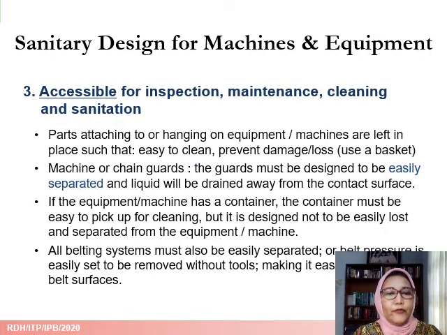The requirement for accessibility does not only apply to the equipment itself, but also to parts attached to or hanging on the equipment, machine or chain guards, or containers that belong to the equipment, as well as the belting system.